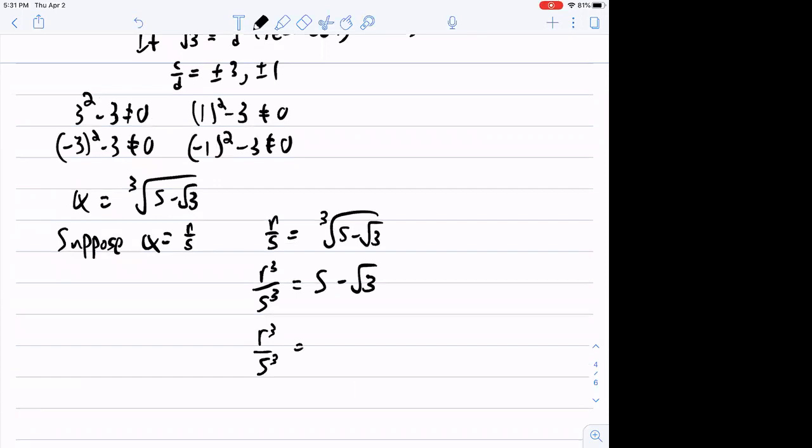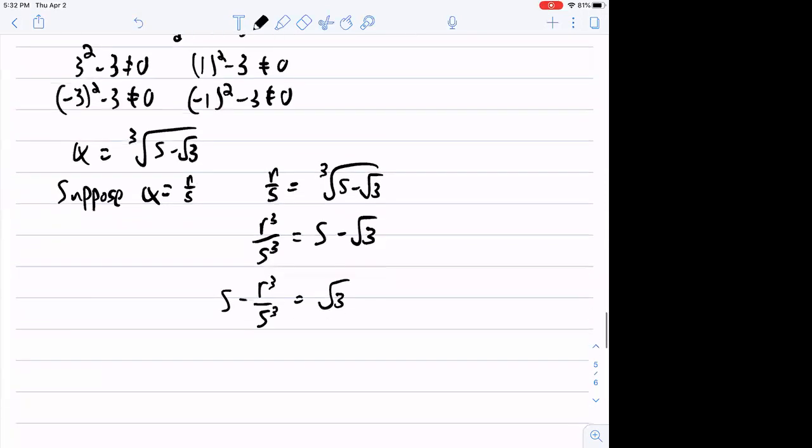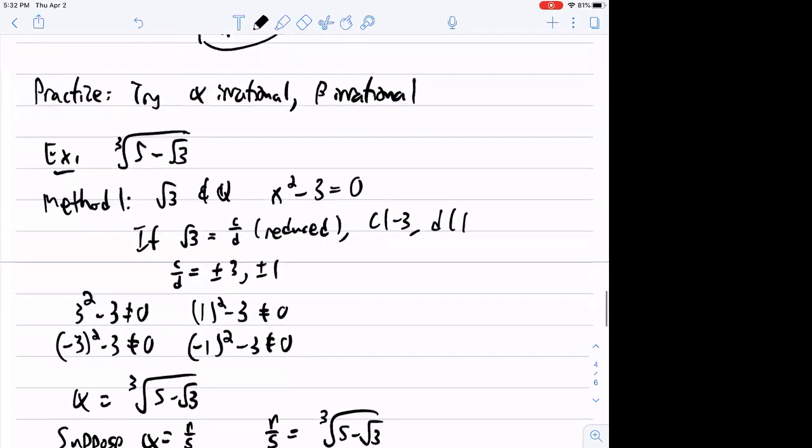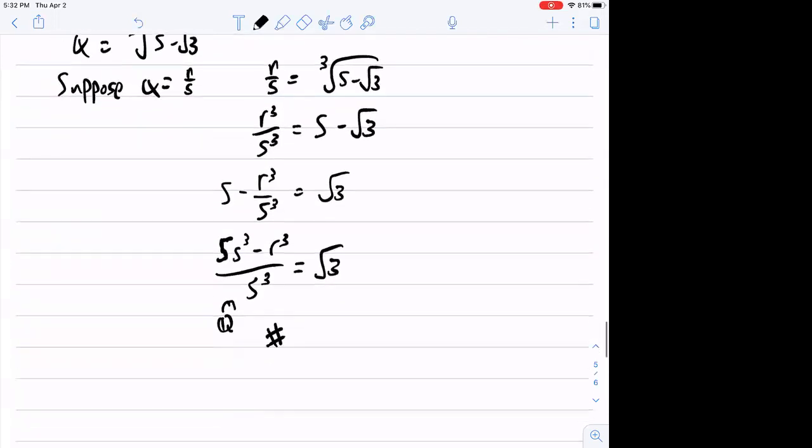I'm going to subtract 5 and divide by -1 to get rid of that negative sign. So from here you get 5 S cubed minus R cubed over S cubed. Sorry, my 5s look like S's. But in your case, you could see that this means root 3 was rational, right? So the left-hand side belongs to Q. So you get a contradiction. This way, you're still using the rational zero theorem, but you're using it on root 3, and then we get a contradiction.